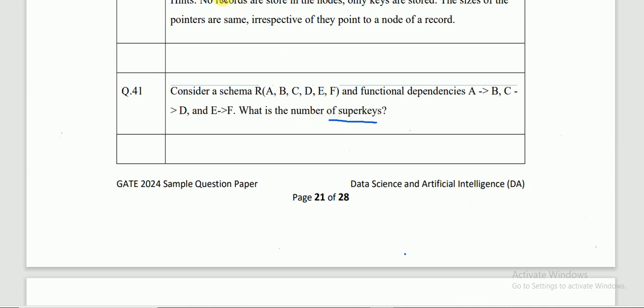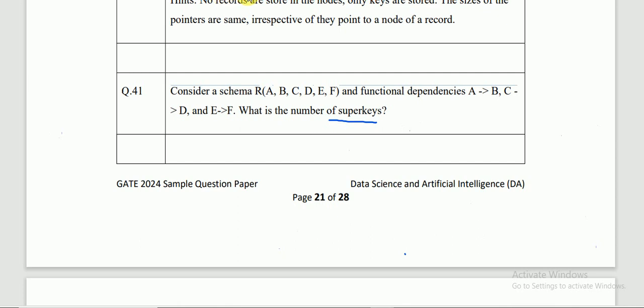So a super key is a set of attributes built from a candidate key, or we can say the minimum key that will determine all of the attributes, right? So let's first find out what the candidate key is for the given relation.